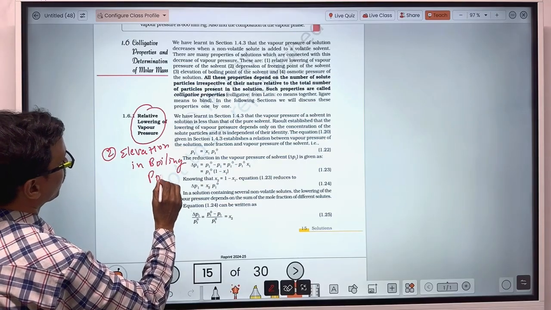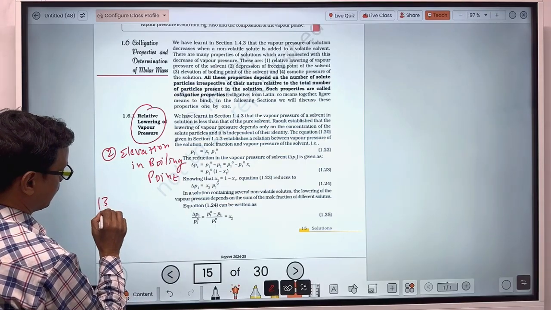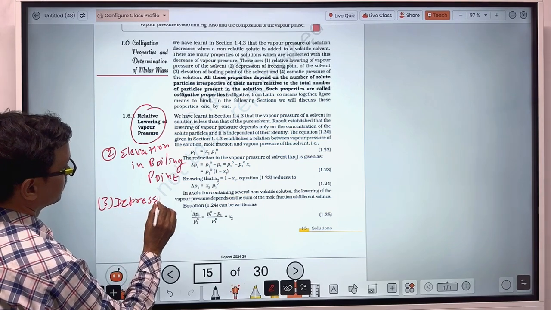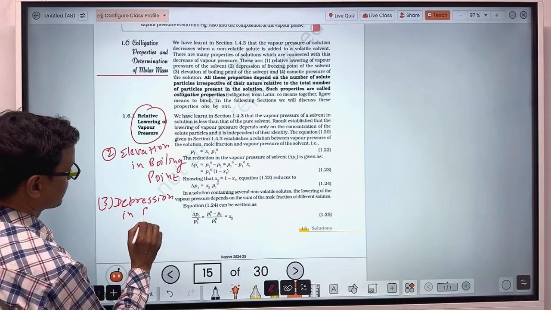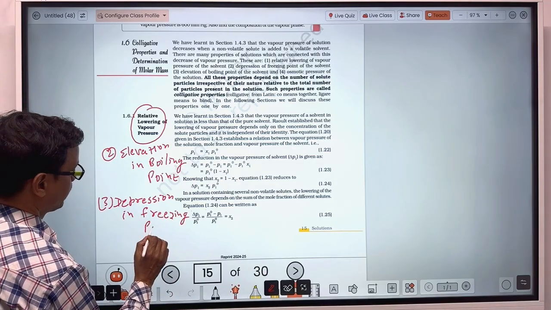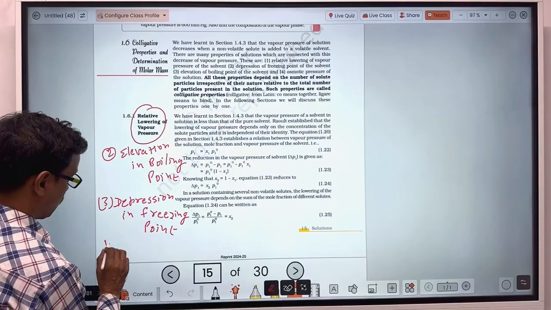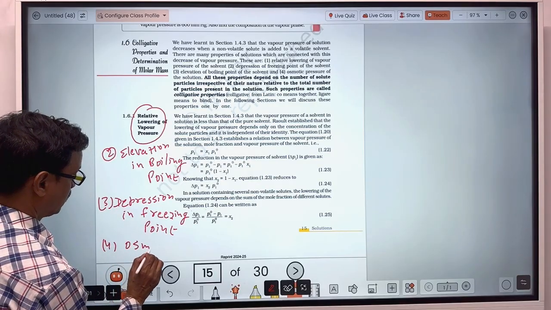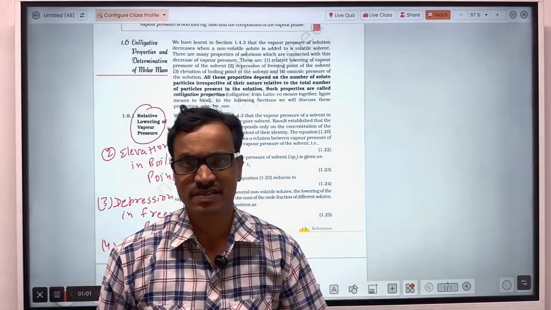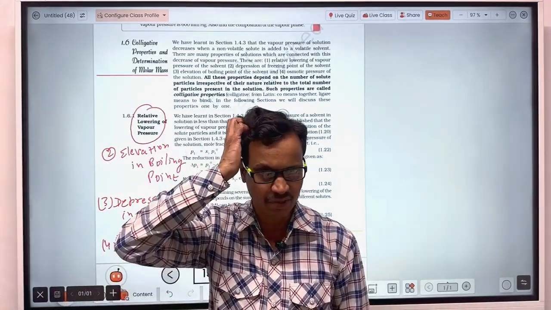Number three will be depression in freezing point. And the fourth one will be osmosis, about which we will discuss in detail in the next video.